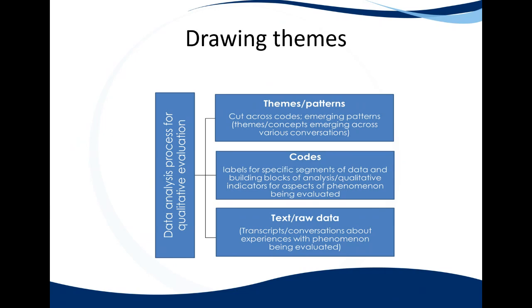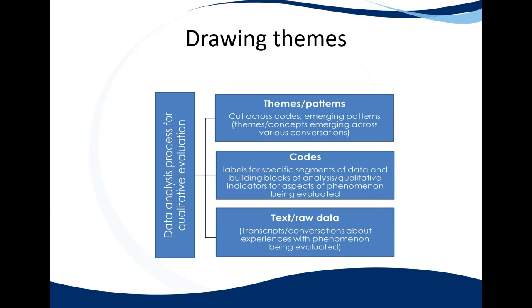So what are some of the things that you're seeing that cut across the different codes, right? What are the emerging patterns that you see, or the concepts that emerge across the various conversations? So you would find when you're reading that they would say 15 of the 20 participants indicated how this was an issue for them, right? 17 of the 20 participants did not see this as a problem.